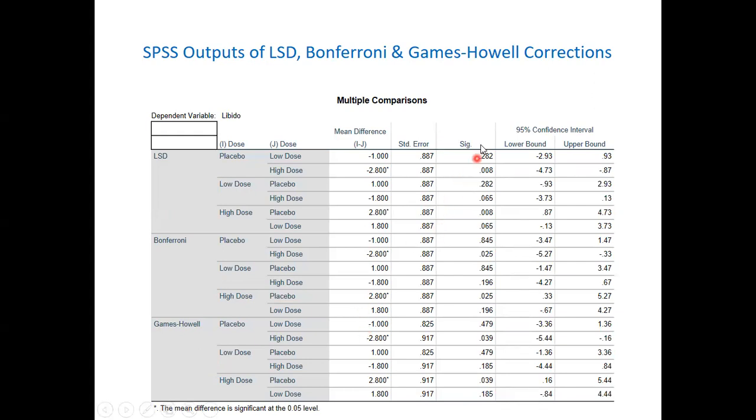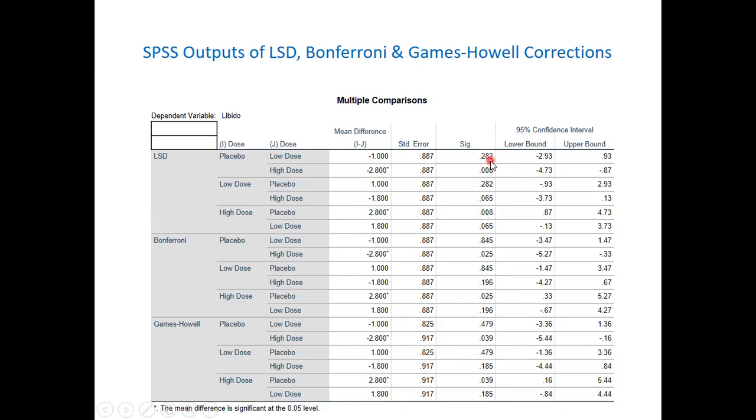You remember this one gives you here Bonferroni. Look at Bonferroni, where the p-value between low dose, high dose, and placebo, low dose and high dose, is 0.025. This one is 0.008. Can you say LSD is looser, is more significant? Look at where, for placebo and low dose, it was 0.845 for Bonferroni, it is 0.282.